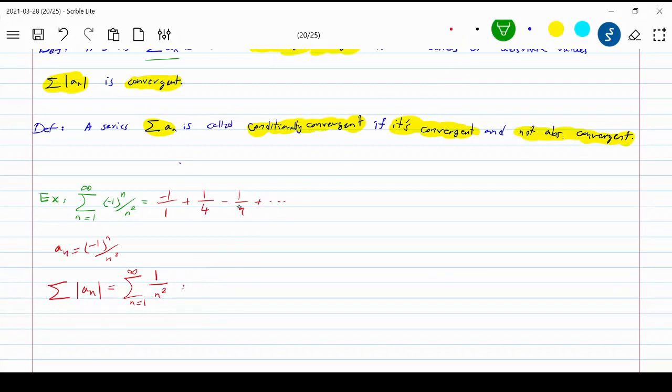We already know by the p-series test that if the power of n is greater than 1, then definitely it is a convergent series. So this is a convergent series. And so I can say that the summation of a_n is absolutely convergent.